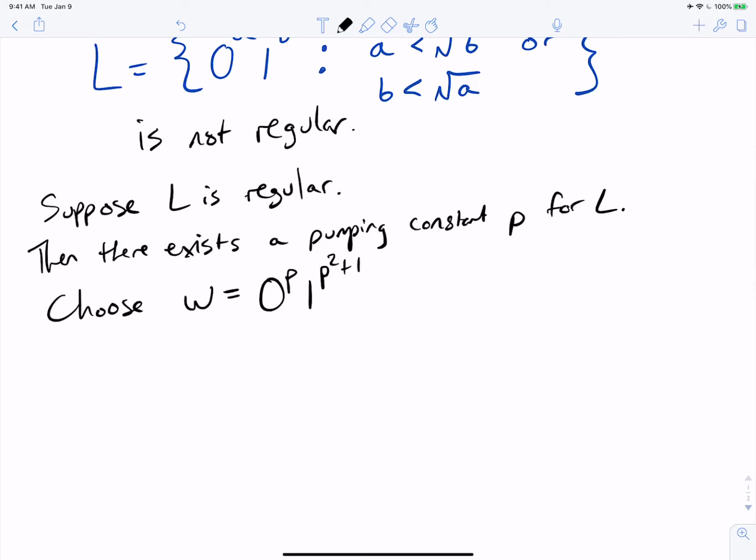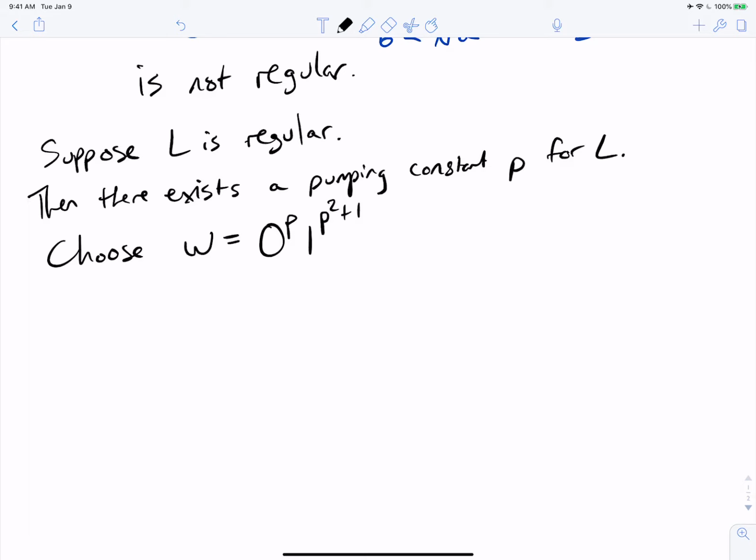Is it guaranteed that this string will work? So what do we need to do? Well, we chose this string, so what do we know? We know that the cardinality of X and Y is less than or equal to P. Well, what are X and Y?